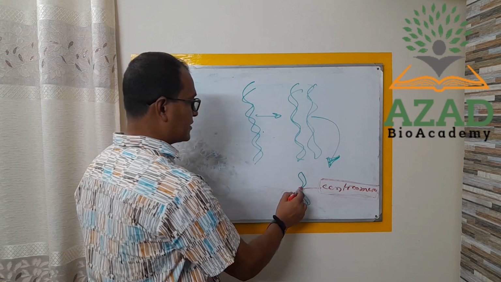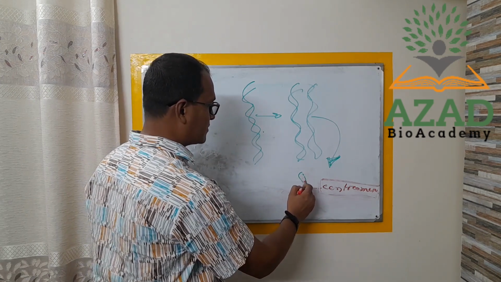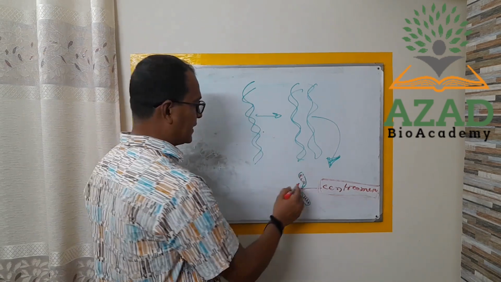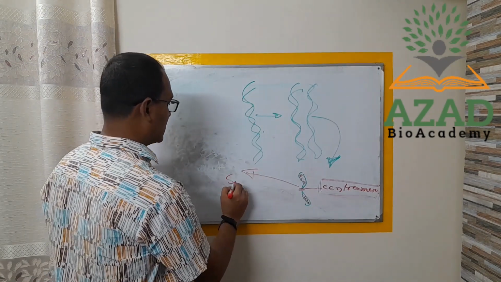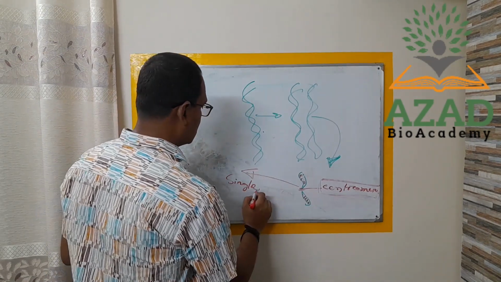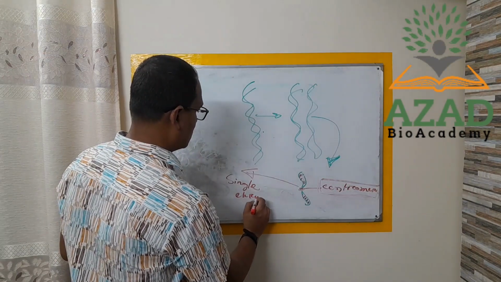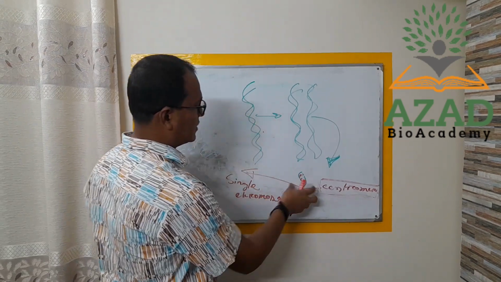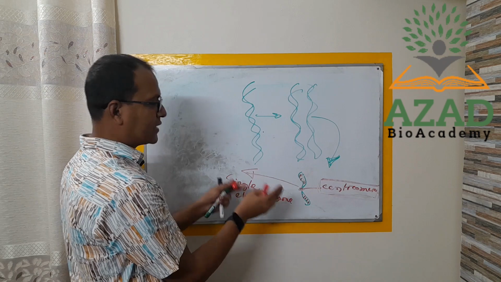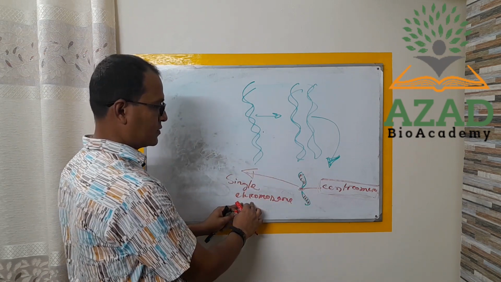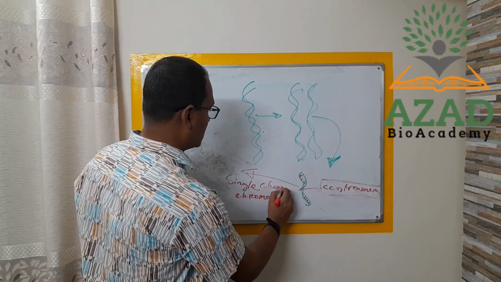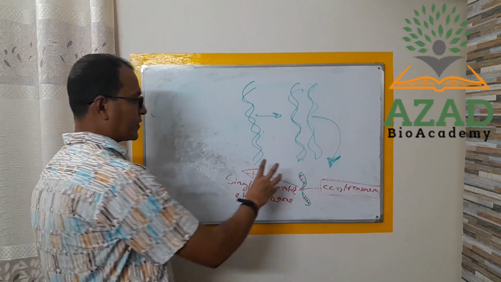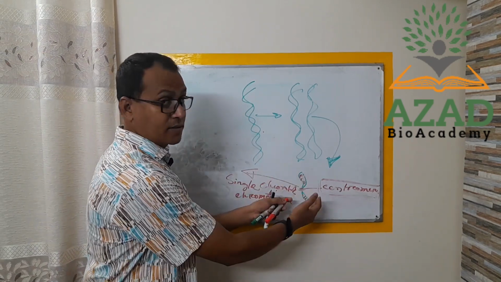Okay, and the centromere, and these are the more condensed form of DNA, that you can consider as a single chromosome, but exactly this is not a chromosome. You can say this is the chromatid, and a single chromatid can be considered as a chromosome. But it will be duplicated in the next stage.